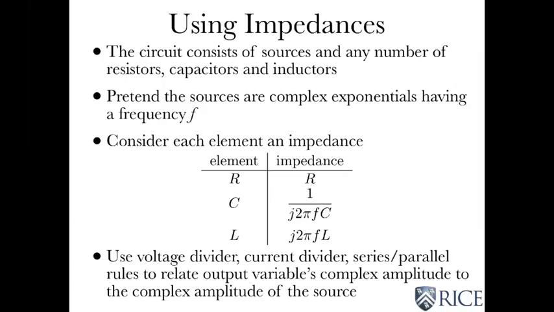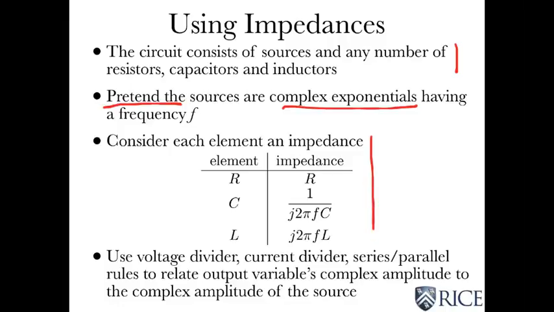So let's review very quickly the way the so-called impedance method works. We start with our circuit. We pretend the source is a complex exponential, and that means we can now only worry about complex amplitudes.